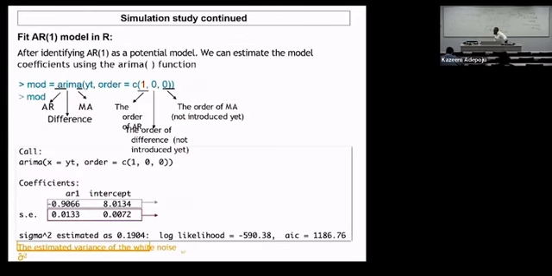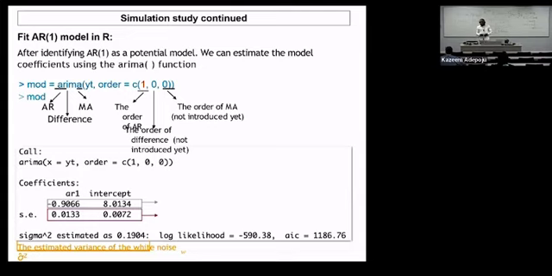MOD, you're going to write ARIMA. ARIMA means autoregressive integrated moving average. Okay, ARIMA, then YT is your data. Because I'm considering AR of order 1, the AR of order 1 is the same thing as ARIMA 100.